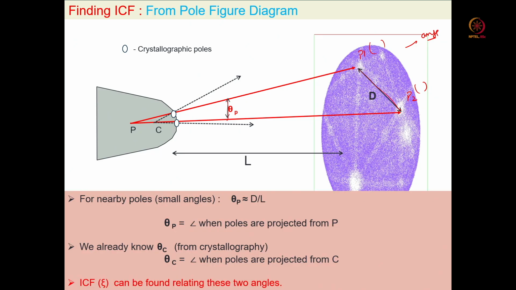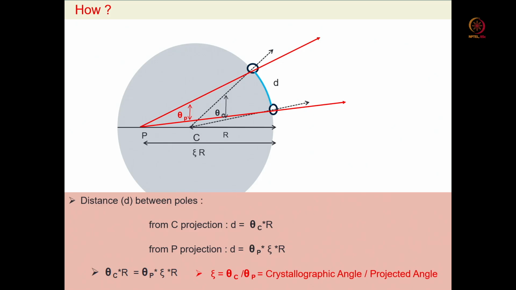With the triangle, we can assume that theta p is related to d by L. We already know theta c, the crystallographic angle between these two indexed poles. The ratio between theta c and theta p equals the ICF, the image compression factor, xi. This is how we measure the image compression factor.